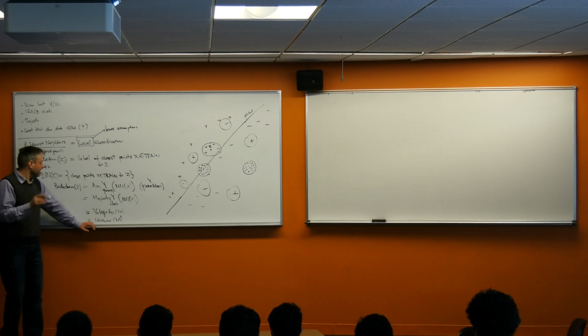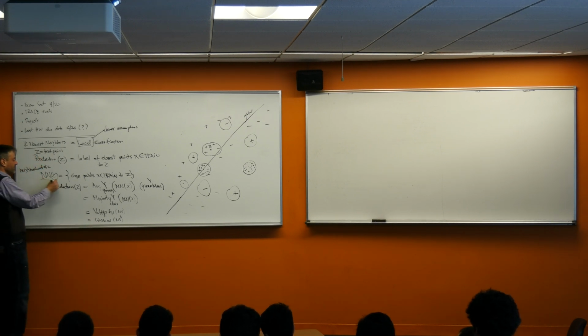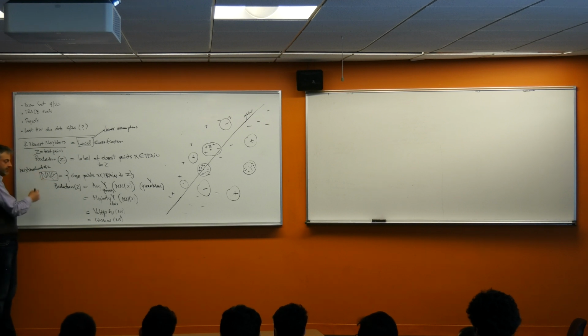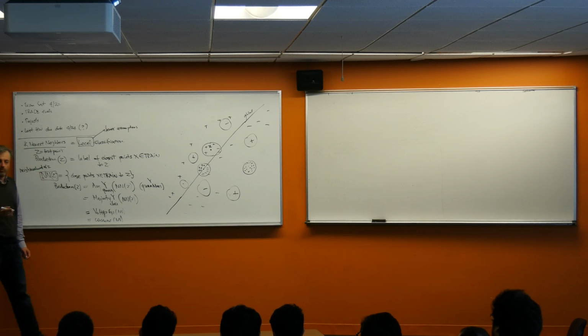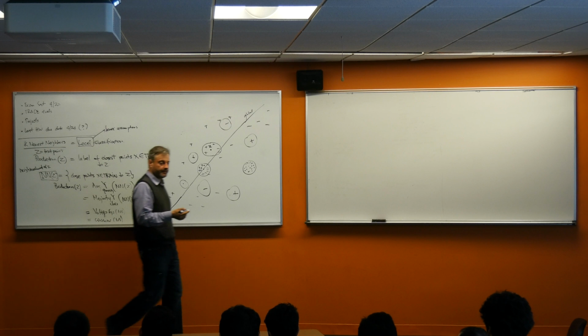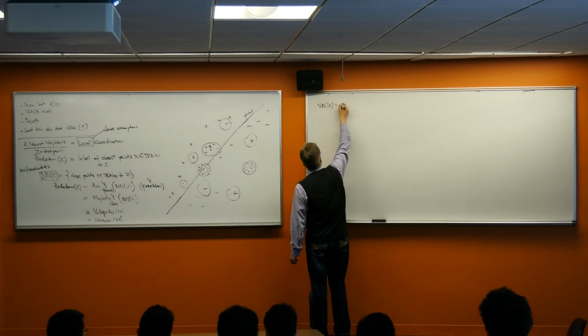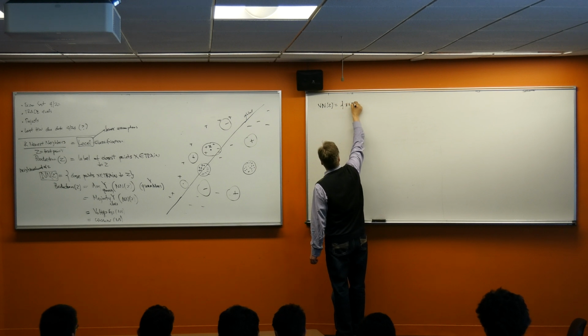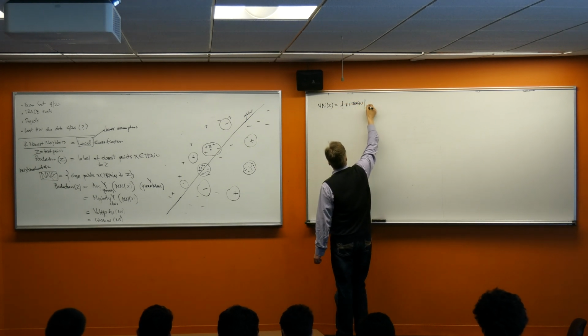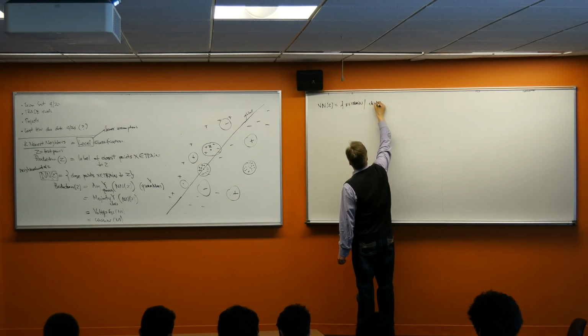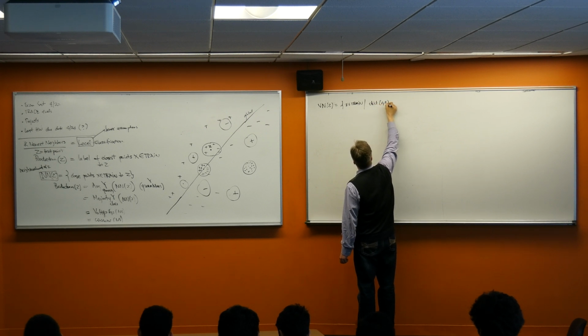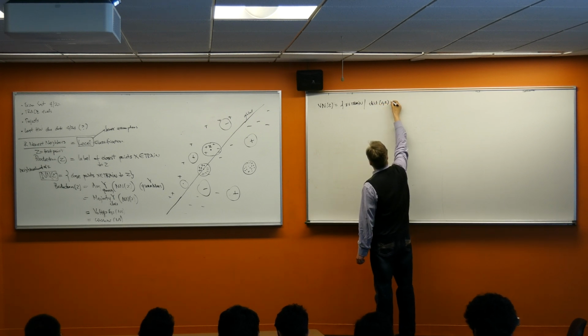Right? Before we move on, how do we compute the neighborhood? Essentially, there are two big ways to compute a neighborhood. The one way is to say the neighborhood of a point Z is all the points X with the property that some distance between X and Z is smaller than some threshold.